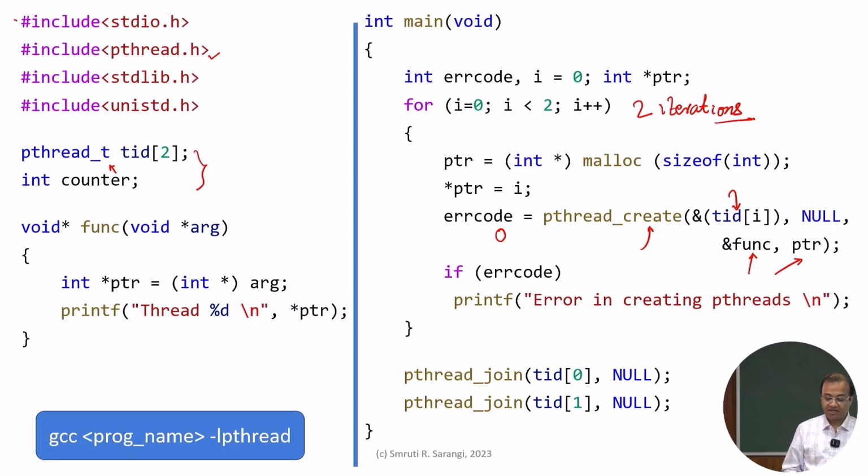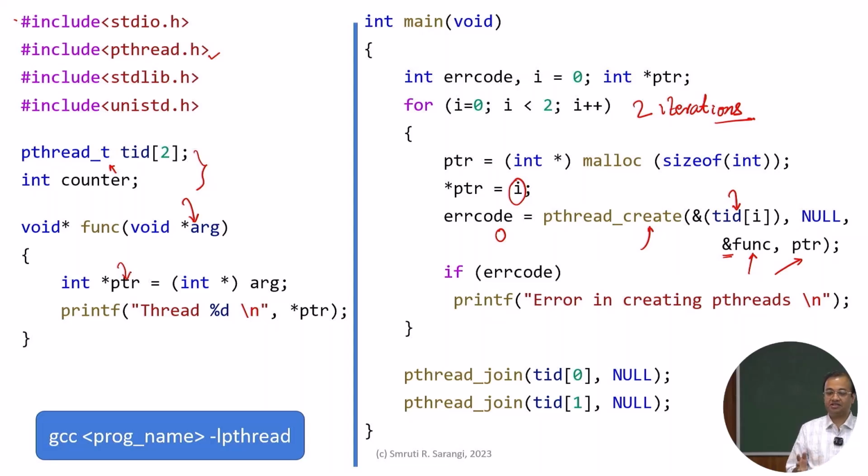Now let us look at the function whose pointer you are passing. This function takes a pointer as an argument, and in this case the pointer is ptr, whose value is the iteration number. Inside the function, we have an int star ptr, which you are typecasting into int star argument.